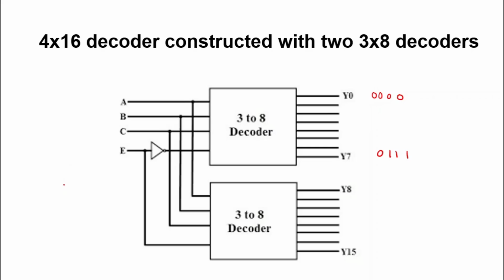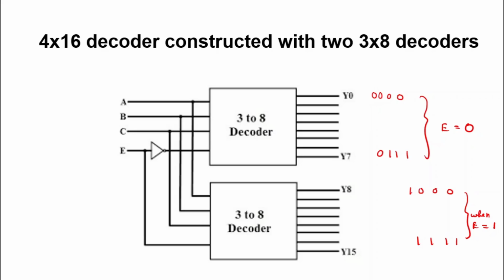The bottom decoder's outputs generate the minterms 1000 to 1111, while the outputs of the top decoder are all zeros.